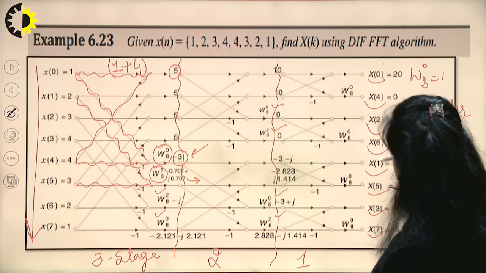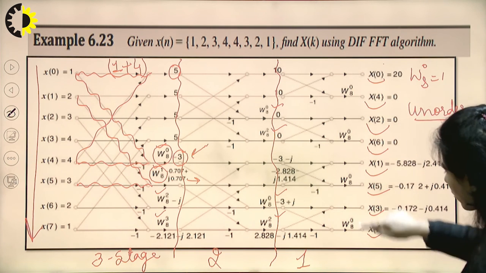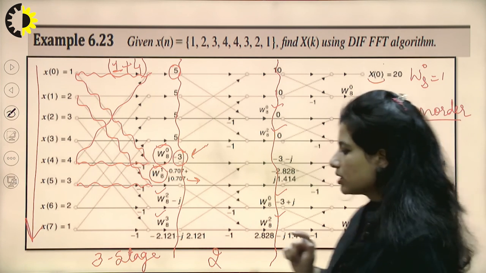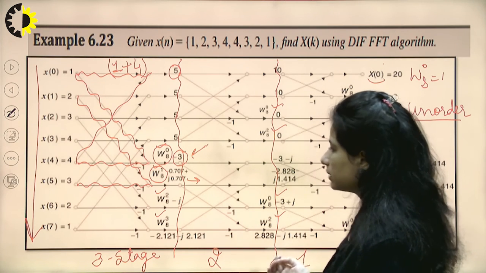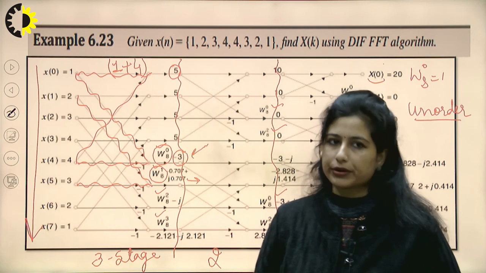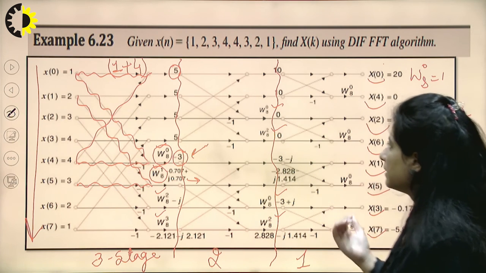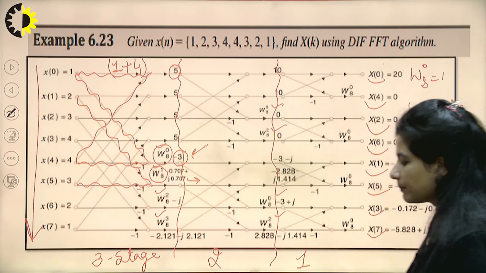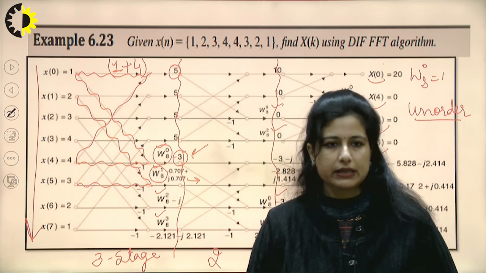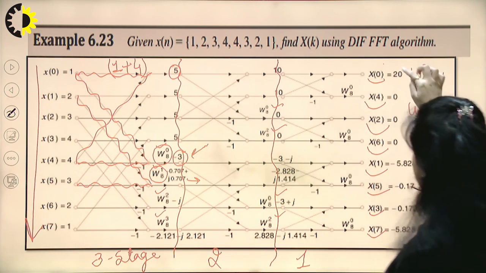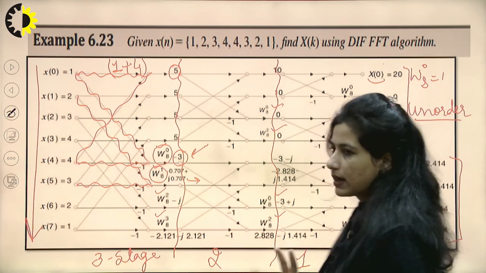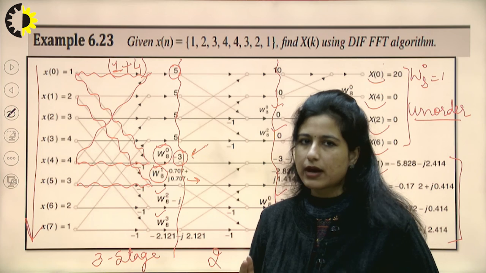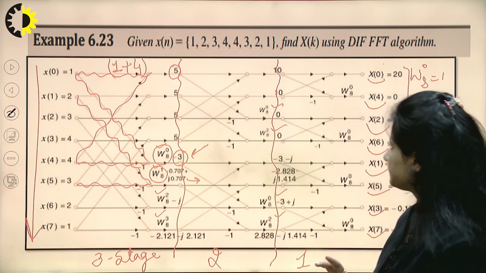All these samples are even, and all these samples are odd. So this is another point of difference between the DIT and DIF algorithms: the input is given in the ordered way and the output is received in the unordered way, which is completely the reverse of what we did in DIT. So this is the even part and this is the odd part, decimated twice in stages of N/2 and N/4.